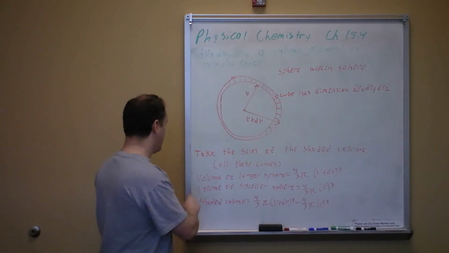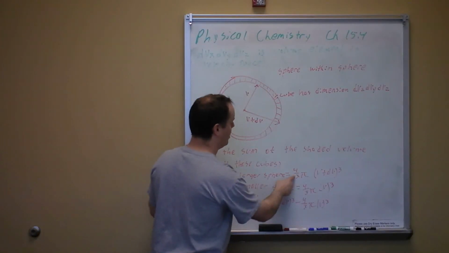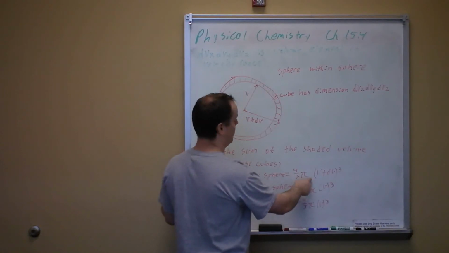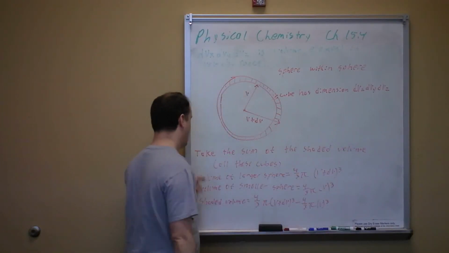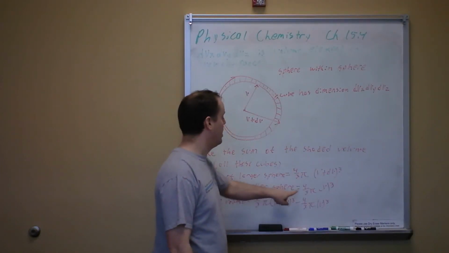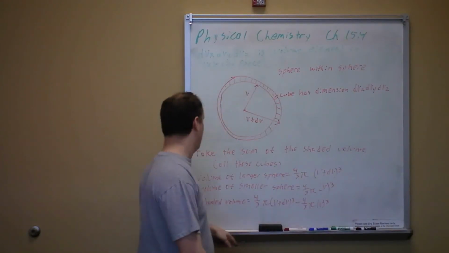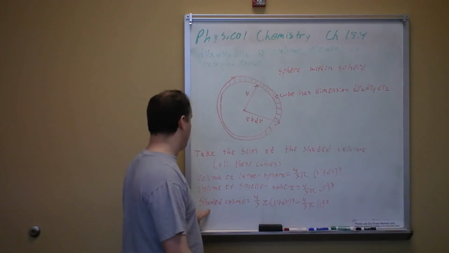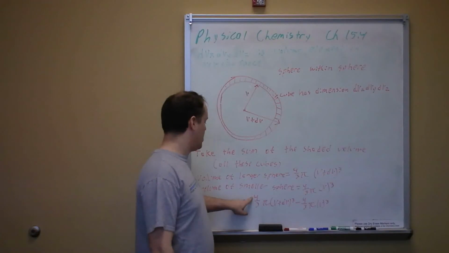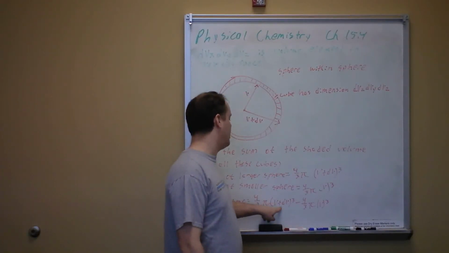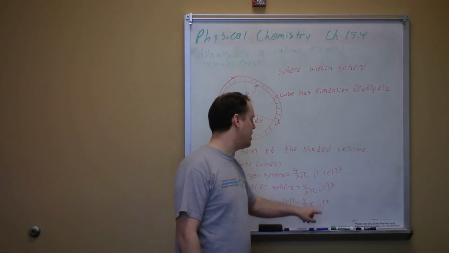It's an integral. Now we know the volume of the larger sphere is 4/3 pi times (v plus dv) cubed, and we know that the volume of the smaller sphere is 4/3 pi times v cubed. So the shaded region must be the difference between those two: 4/3 pi times (v plus dv) cubed minus 4/3 pi times v cubed.